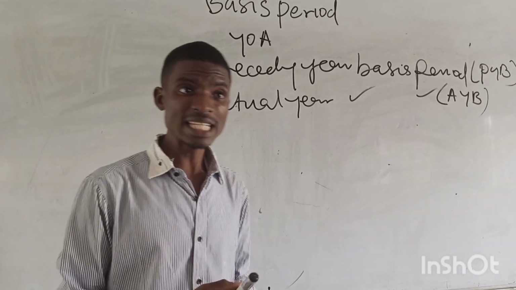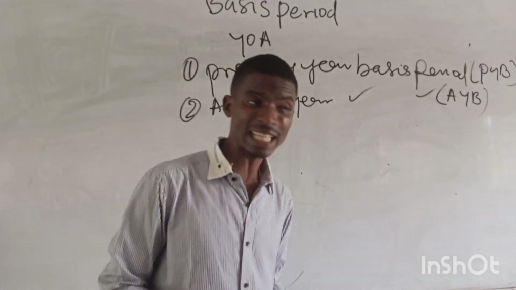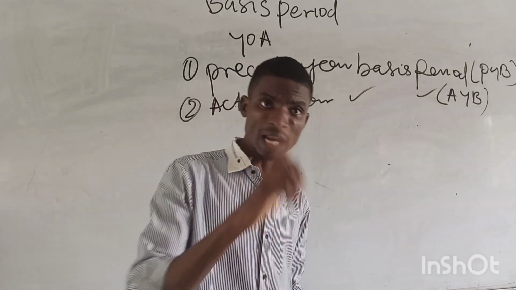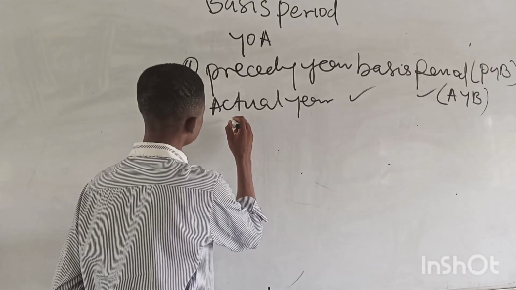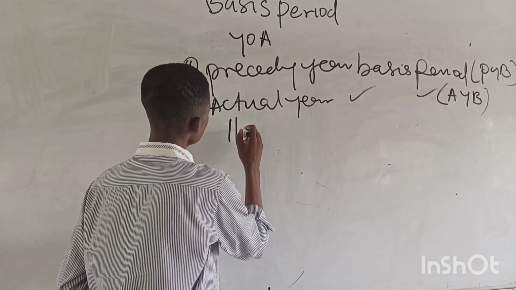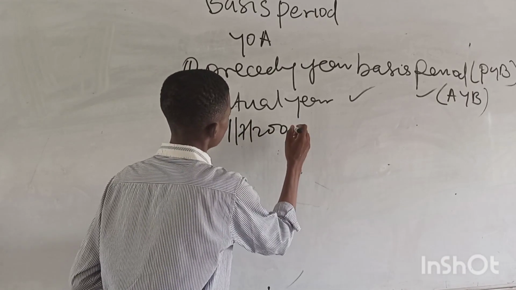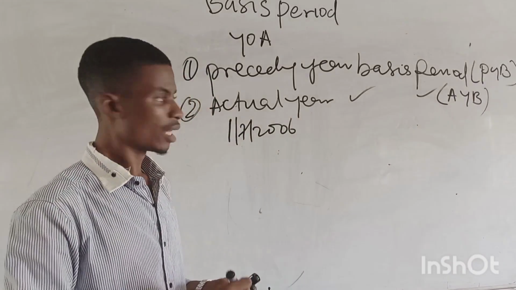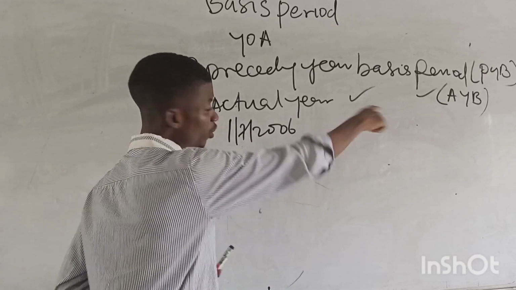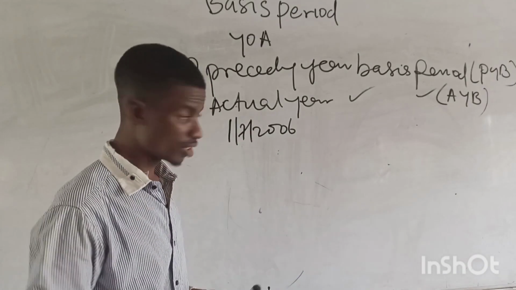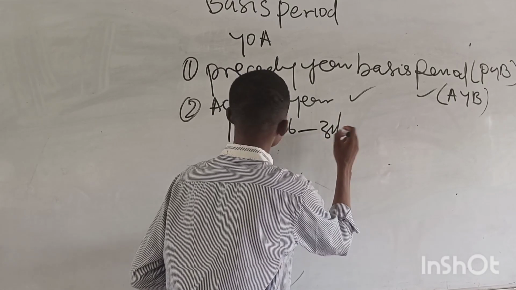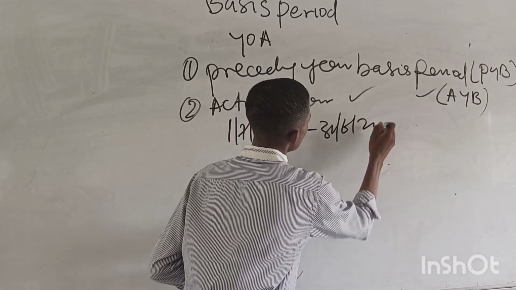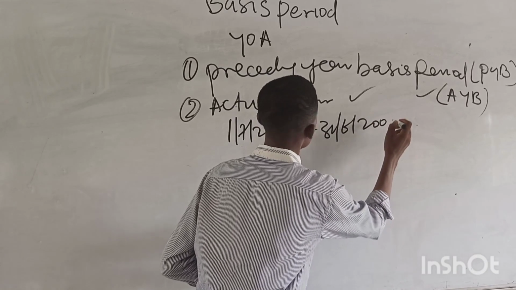What I'm trying to say in essence is that, assuming the business started its operation on 1st July 2006, and when you come to the next 12 months, it's going to give you 31st June 2007.